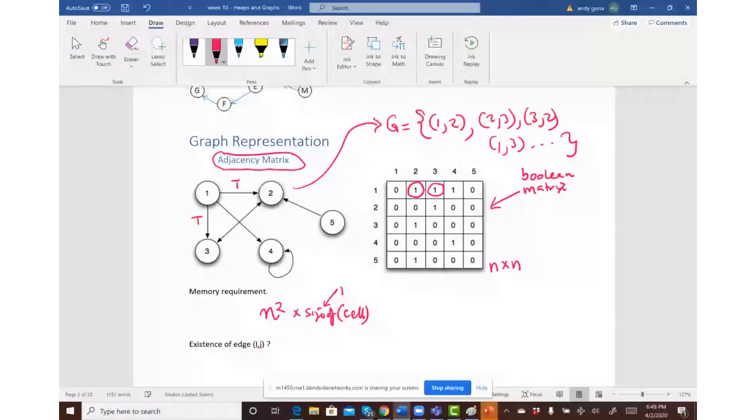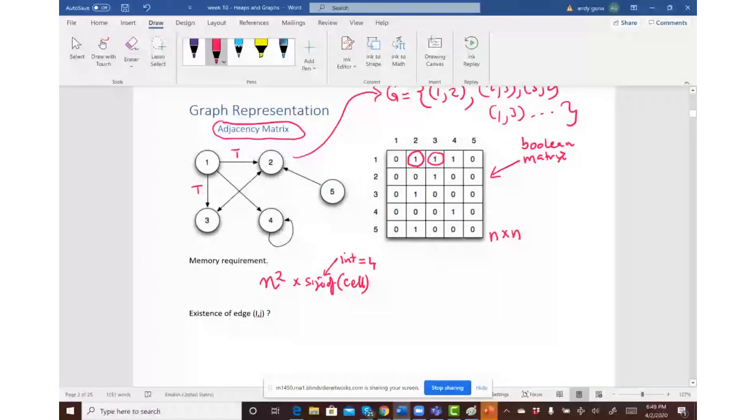So if it's an integer, it would be 4. All right. Now, the nice thing about the matrix representation is that if you want to find out if there's an edge from i to j.